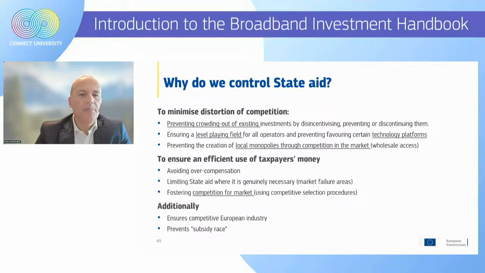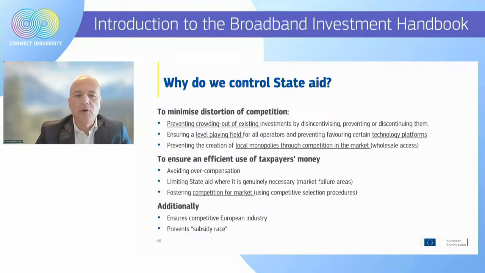The second pillar of state aid control is to ensure an efficient use of taxpayer money. What does it mean? That aid must be limited to what is really needed to reach the objective of the project, avoiding any overcompensation, limiting state aid to where it is genuinely necessary, meaning the market failure area in which the project will never materialize without state aid.